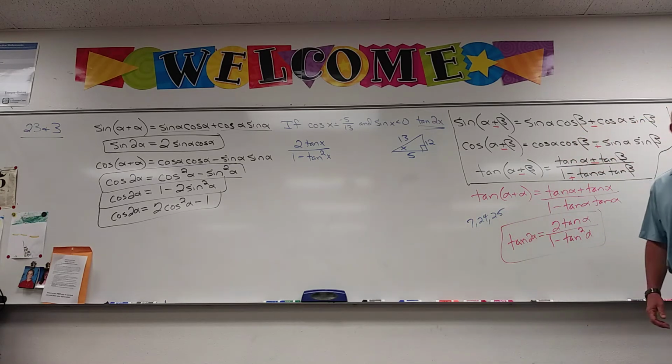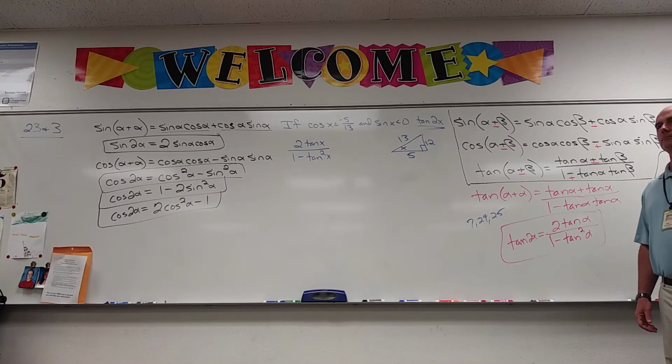That's the next one that they go to. Wait, is there one that comes next? 8, 15, 17. Forgot about 8, 15, 17. I was close. I forget that one. This one's easy. That one's easy.